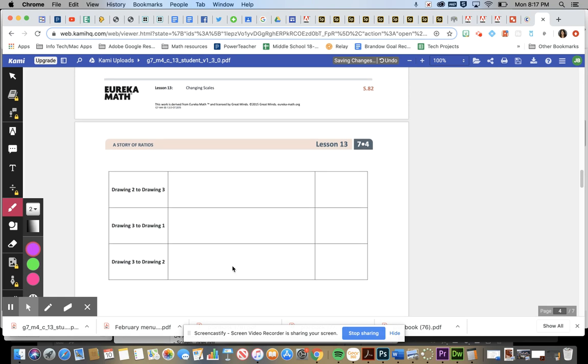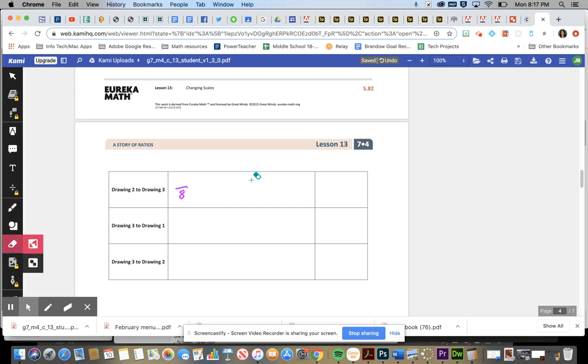All right, drawing 2 to drawing 3. So the original was drawing 2, which was 8. Drawing 3 was the scale. Oh, whoops. I did that wrong.